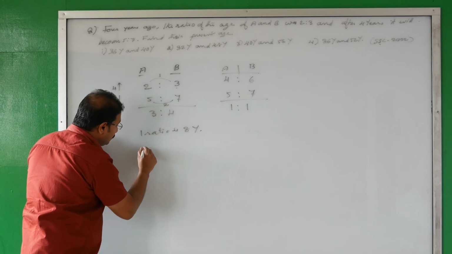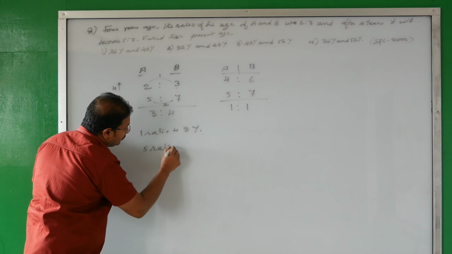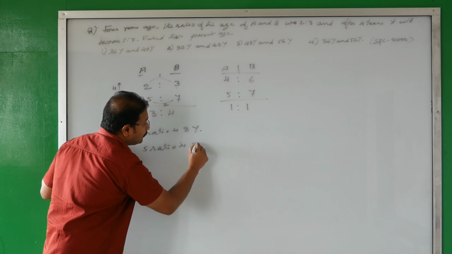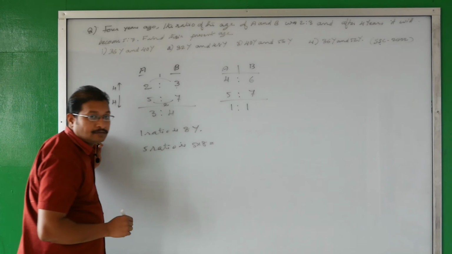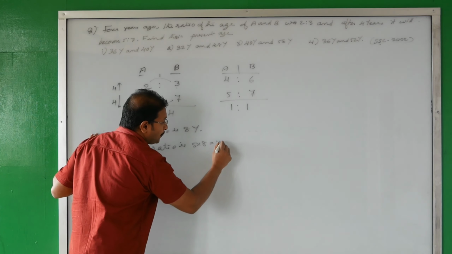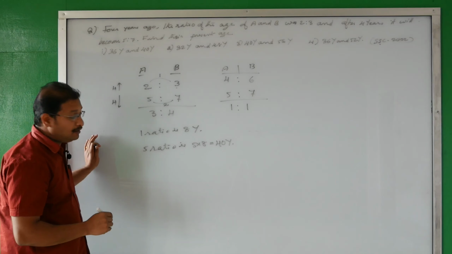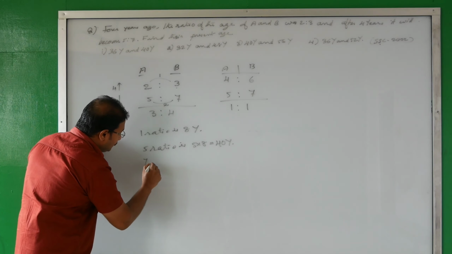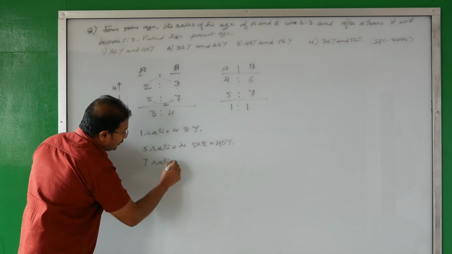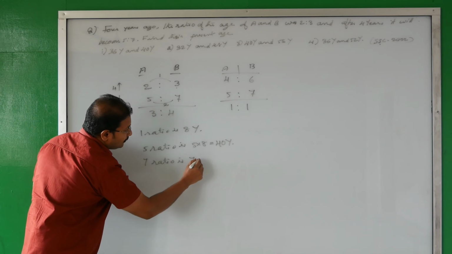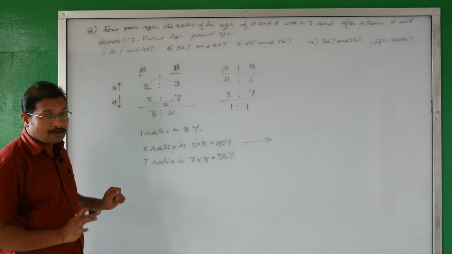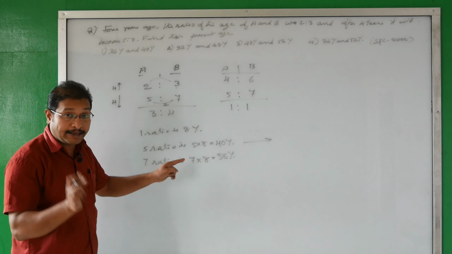Right? That means 5 ratio is 5 into 8, 40 years. Next one, 7 ratio is 7 into 8, 56 years. So this is the age after 4 years.